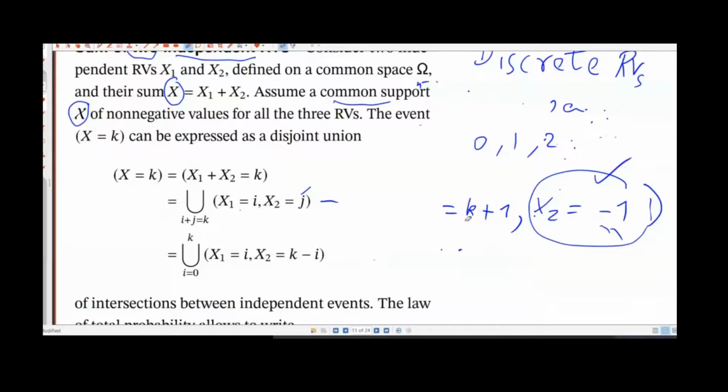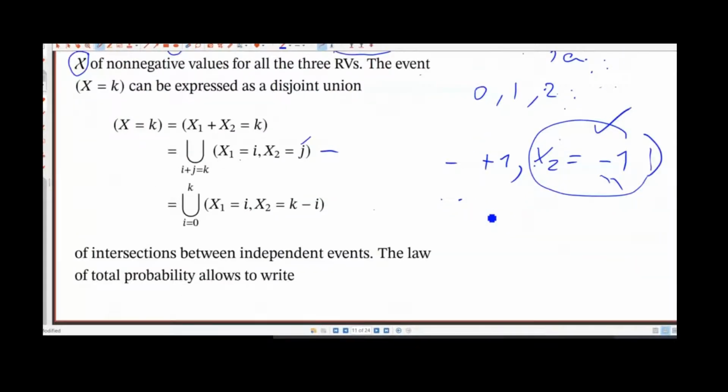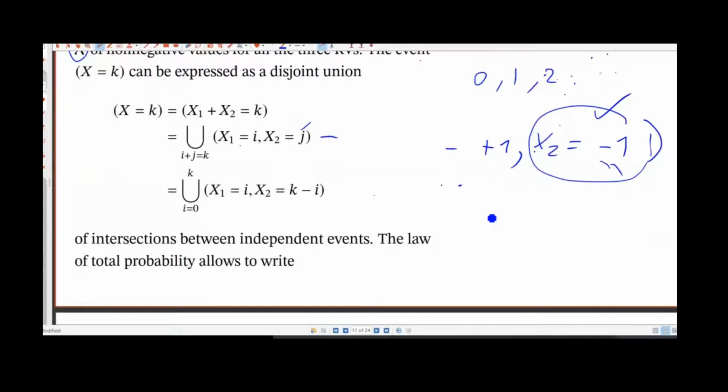अब इसके बारे में कोई बता सकता है कि ये जो इवेंट्स मैंने लिखे हैं जिनका मैंने यूनियन लिया है ये क्या है आपस में? x1 x2 तो इंडिपेंडेंट थे ना, या वो इंडिपेंडेंट? ये जो इवेंट्स है, फॉर एग्जांपल I is equal to 0 के लिए, let me give it a name.